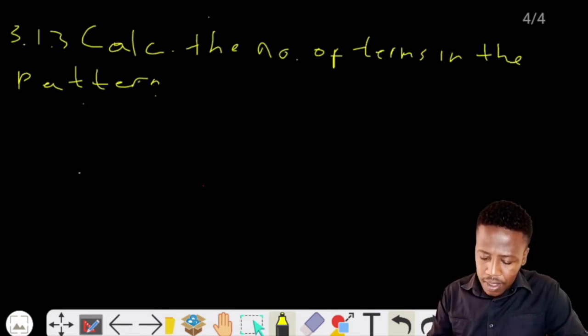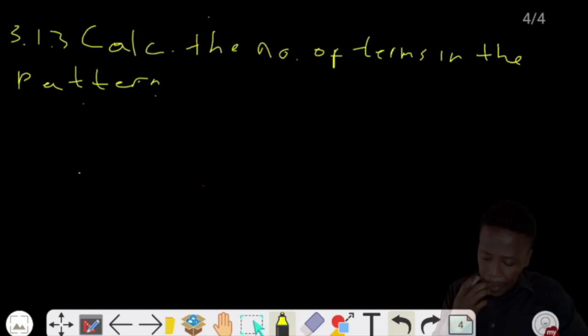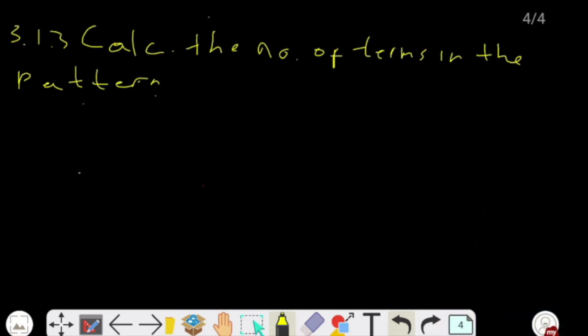Now for us, what they are looking for in this case, remember, this is a linear pattern, right? Meaning what should come to mind is, which formula am I going to use? We are going to use this formula, Tn equals an plus b. Now what are they asking us?